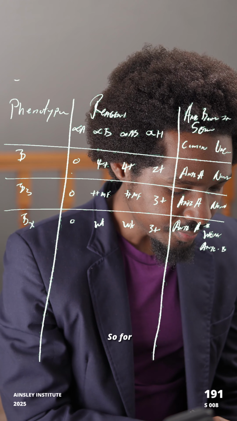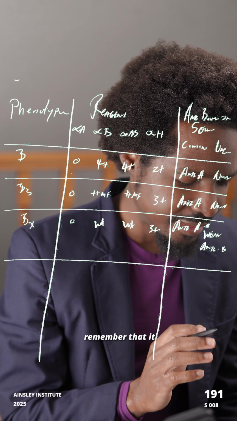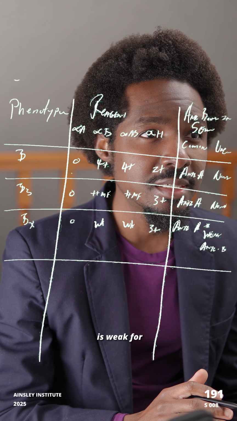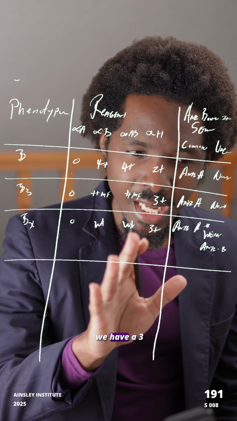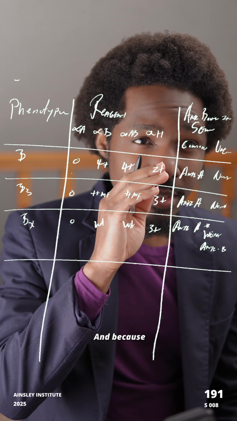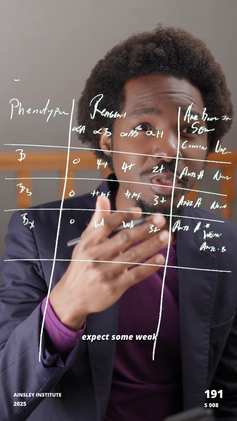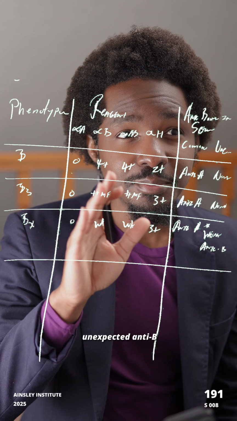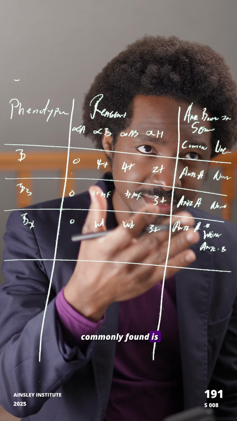So for the BX, we just want to remember that it's weak for the anti-B and anti-AB, and we have a 3+ reaction with the anti-H. Because the reaction is weak, we expect some weak, unexpected anti-B to be present in the serum, and what is commonly found is the anti-A.